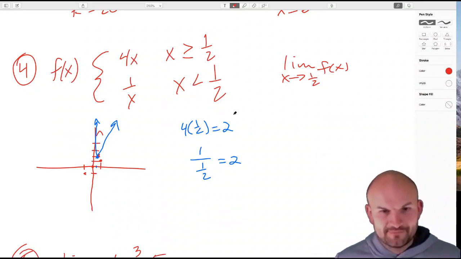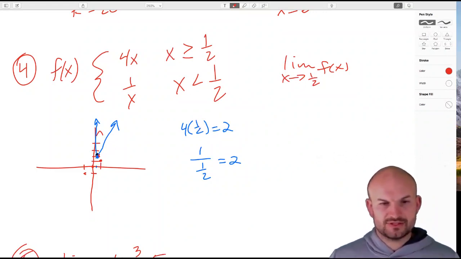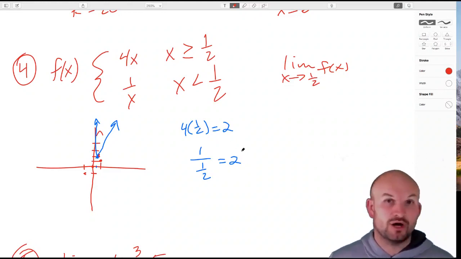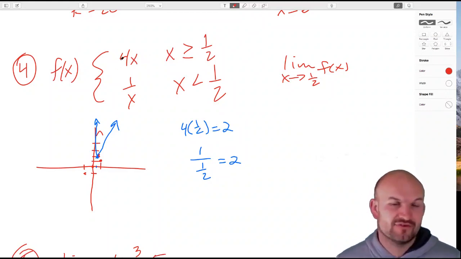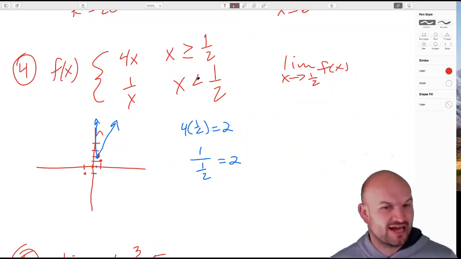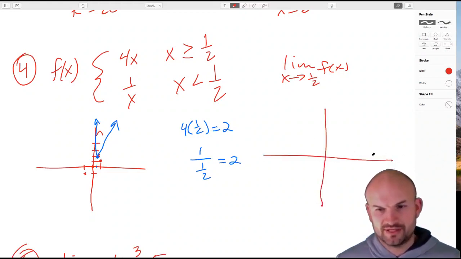So when I plug in 1/2 into both these equations, you can see that they both equal the value of 2, right? Now this function is defined at 1/2, where this one is not defined at 1/2, but it doesn't matter. Let me draw it a little bit bigger. Here's 1/2, here's 1, 2.